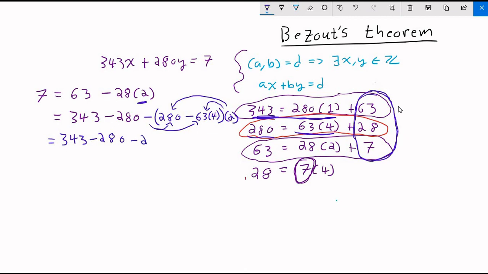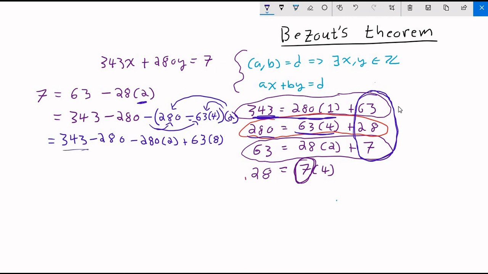So I'm going to be left with negative 280 multiplied by 2. And then this minus sign coming in changes the minus sign inside the brackets, and so this will become plus 63 multiplied by 2 times 4 is 8. Okay. So we're getting pretty close.